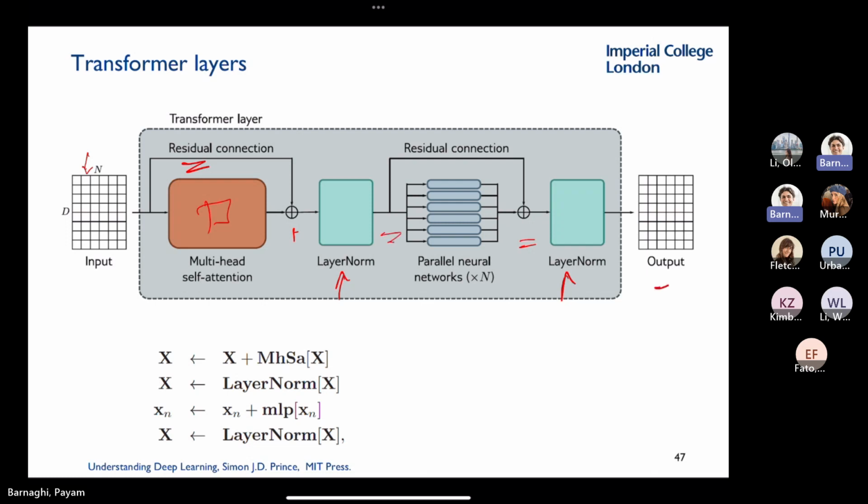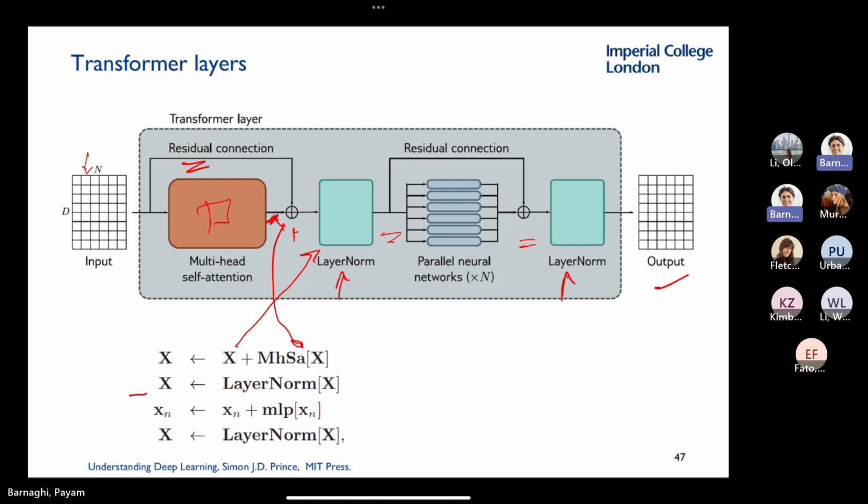I've shown it mathematically here. You have an X. You are multiplying this X itself with multi-head attention, which comes from here, from the results of this, and you create the output. Then you take that and you do a normalization on it.